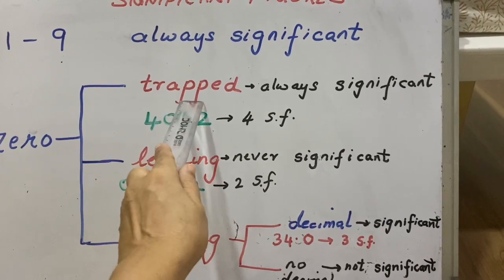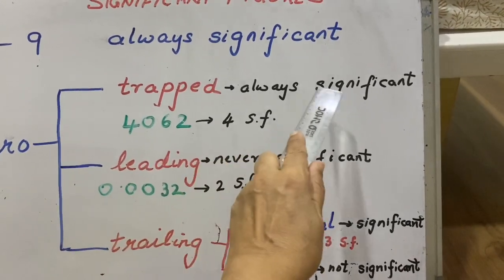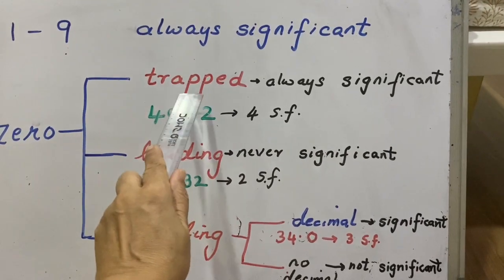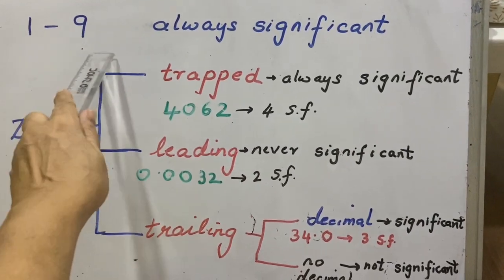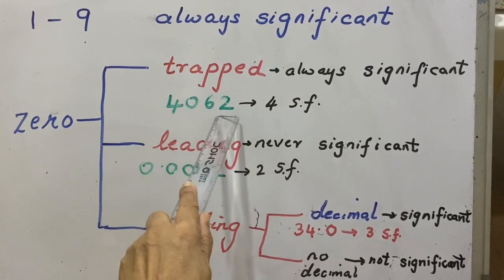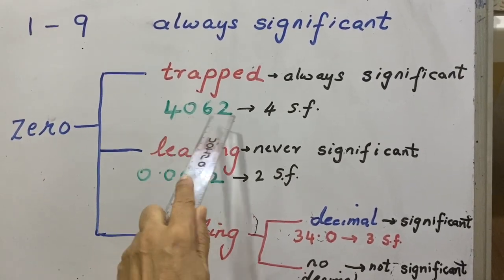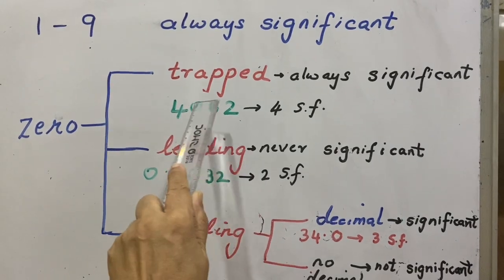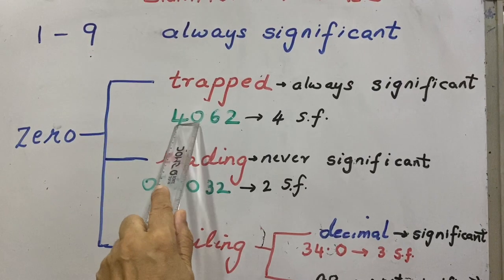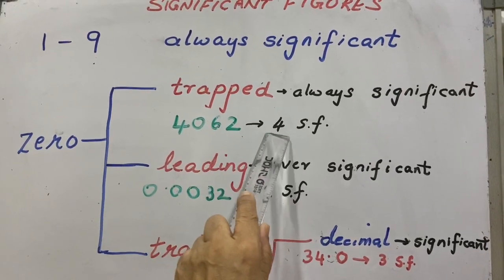If it is a trapped 0, it is always significant. What do you mean by trapped 0? A 0 which is between digits 1 to 9. So over here 4062. 4, 6 and 2 are significant digits. The 0 is between them. So it's trapped. So 4062 is 4 SF.